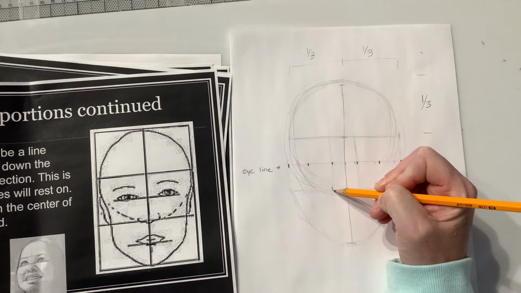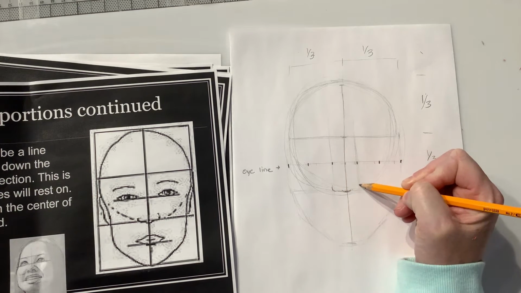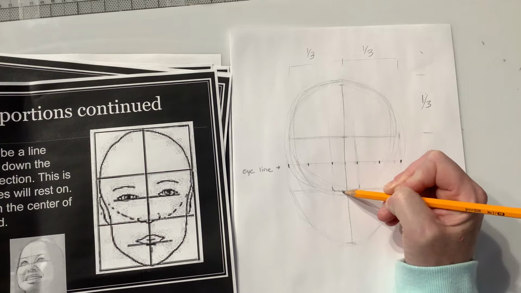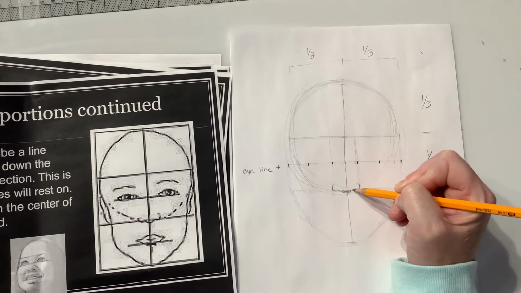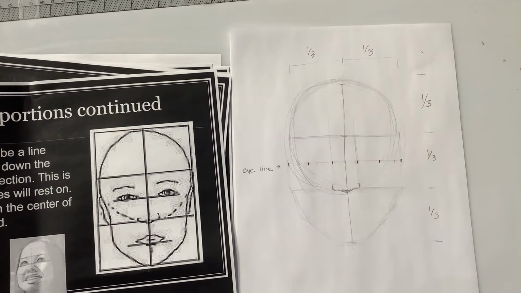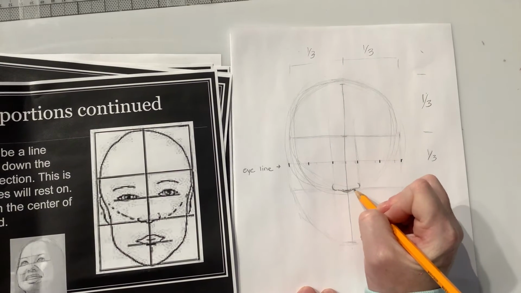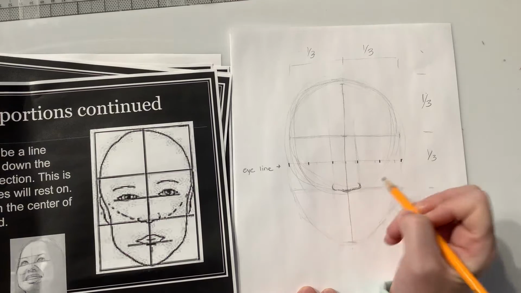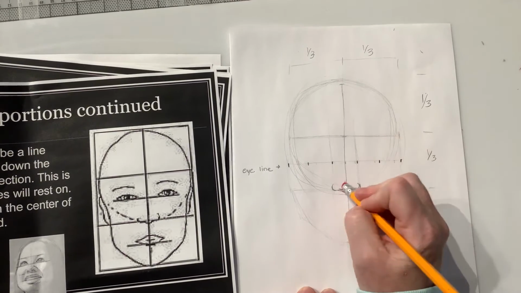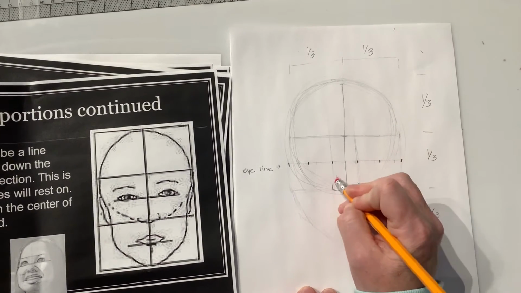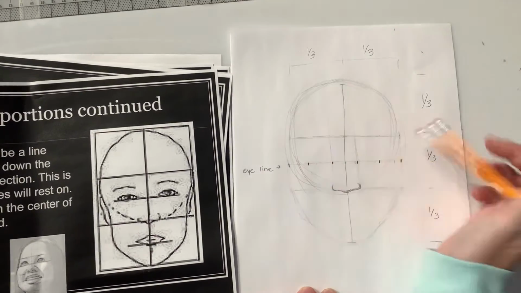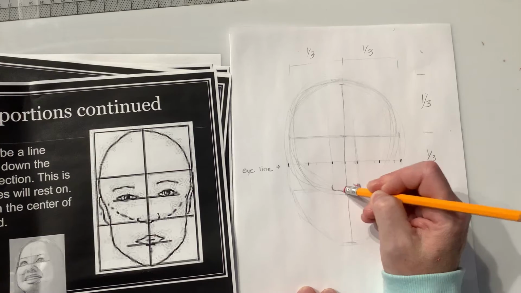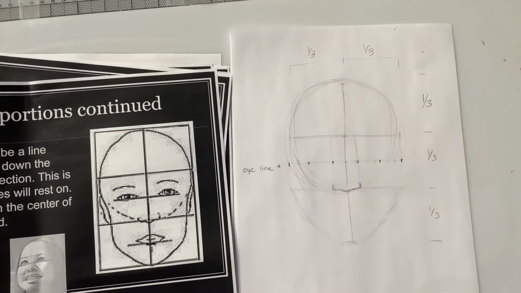But for now, I'm going to give myself just a little edge of the nose, okay? I'm giving myself a tip, and I'm going to give myself a nostril. I'm not really focusing on any important details. Just giving myself some guidelines, and that will serve as a nice, helpful reminder when I am working on drawing someone, whether a picture or in front of me. This is a nice little guideline to look at to help remind me.